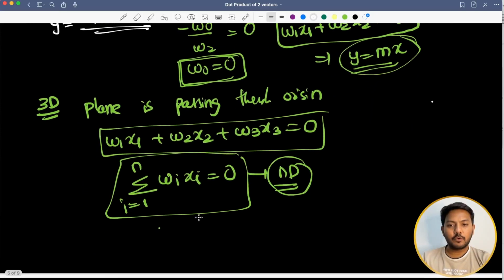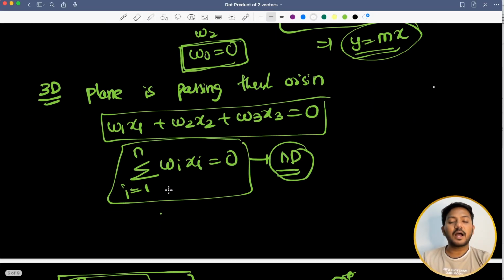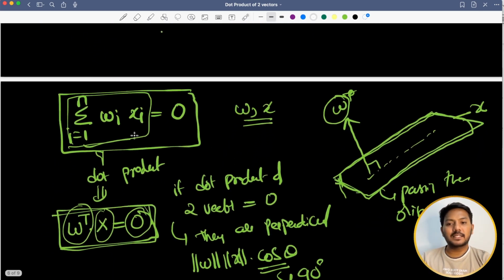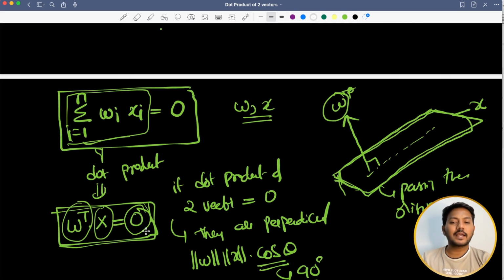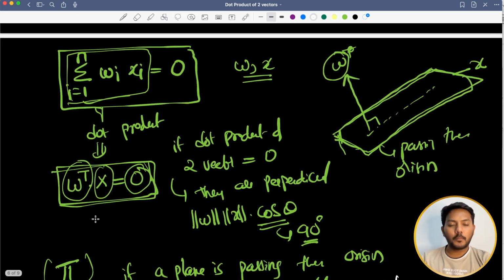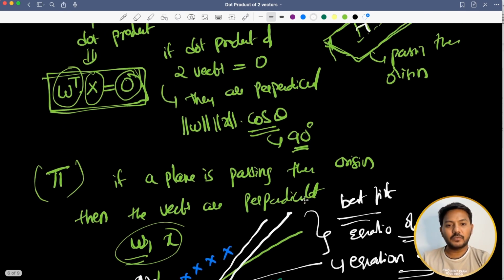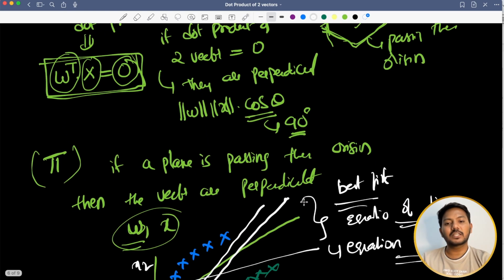Then the equation becomes sigma i equal to 1 to n wi xi is equal to 0. This is the dot product w transpose dot x equal to 0, and if the dot product of two vectors is equal to 0, that means they are perpendicular. We have seen that in the previous video. If you have any queries, please check the previous video.